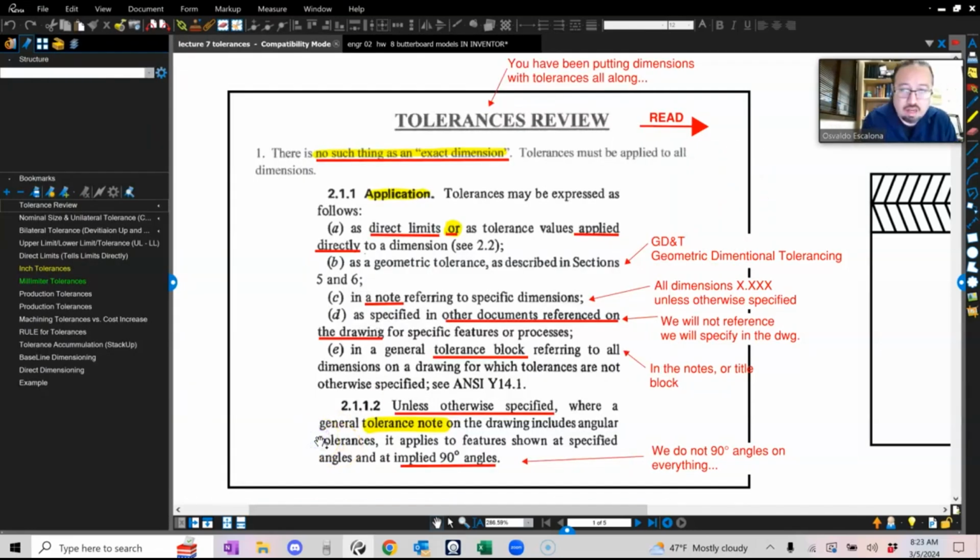Unless otherwise specified, where a general tolerance note on a drawing includes angular tolerances, it applies to features shown at specified angles and at implied 90 degree angles.